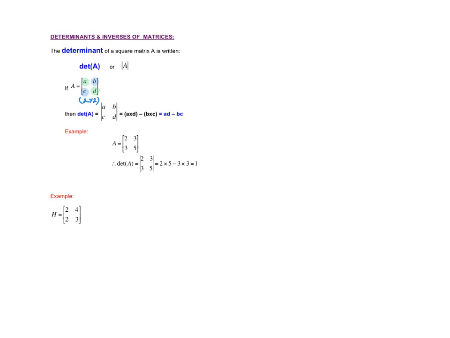You can see here that rule I just did. In the example, they did 2 times 5, and then minus 3 times 3. So that would be 10 minus 9, which gives 1. So the determinant of this matrix is 1.